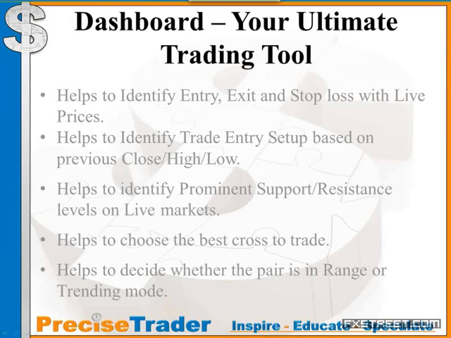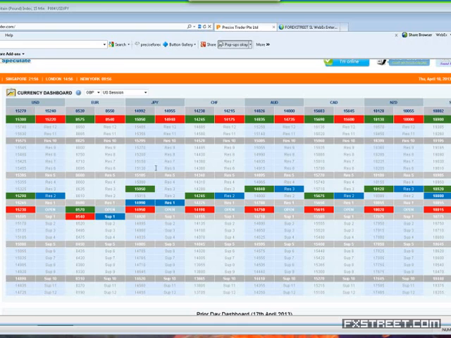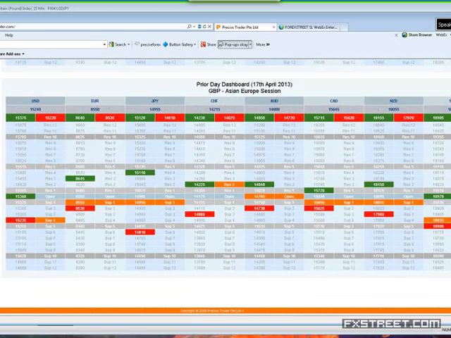Or maybe I can show you again. If I look at yesterday's move, for example, Canadian dollars was in a range mode. Can you see the high and the low was within the support zone 1, resistance zone 1 and support zone 2.